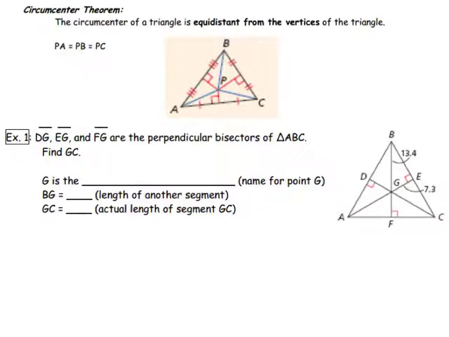Here I have the theorem up top, but here's the example. DG, EG, and FG are all perpendicular bisectors. They want you to find GC, but we need to know that G is the circumcenter. It's where all the perpendicular bisectors meet.